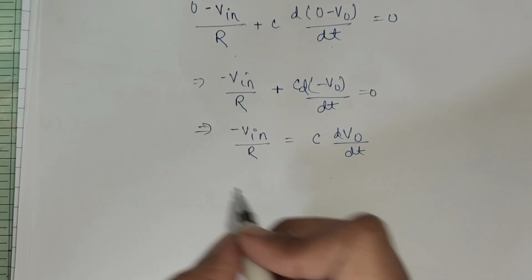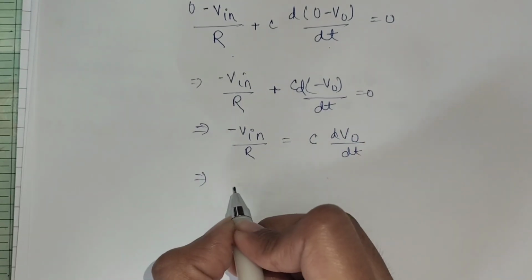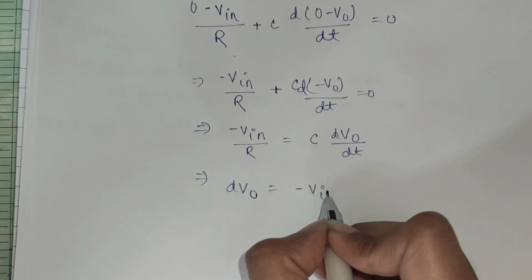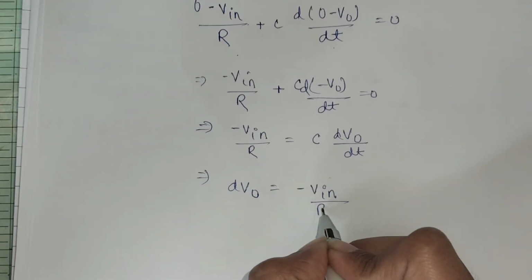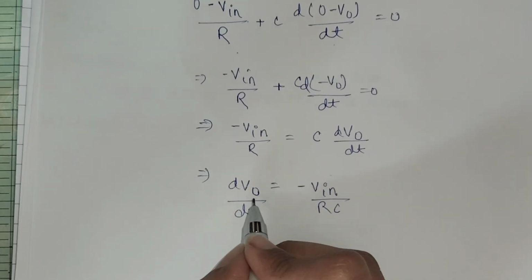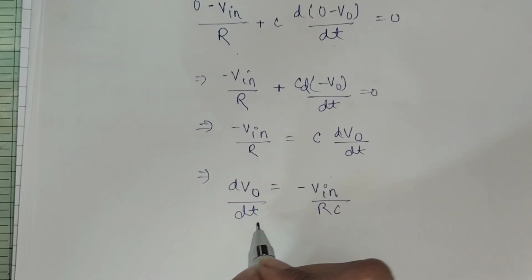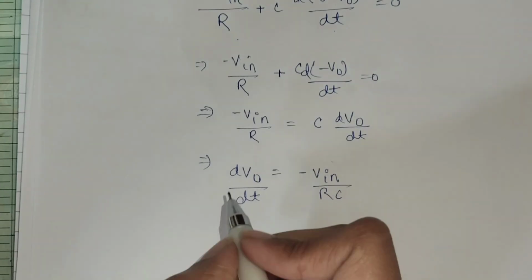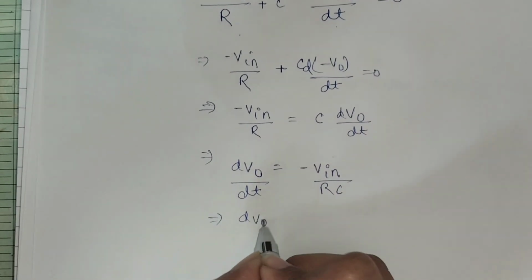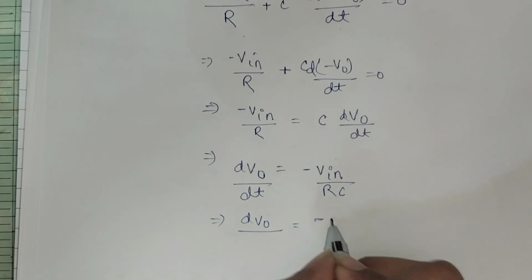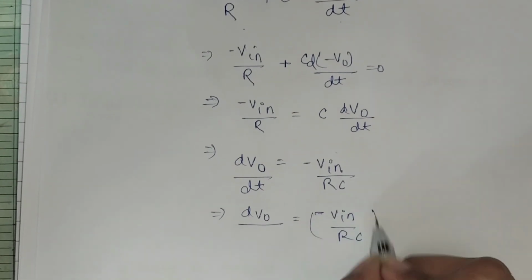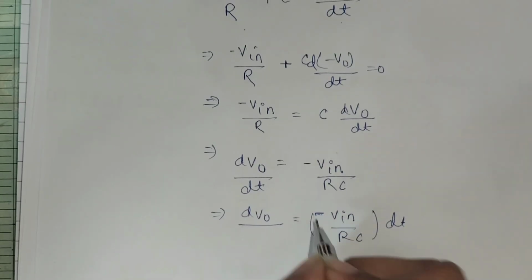This can be further simplified as dV output is equal to minus V input divided by RC. This differentiation of V output is done with respect to time here, so dV output is equal to minus V input by RC times dt.